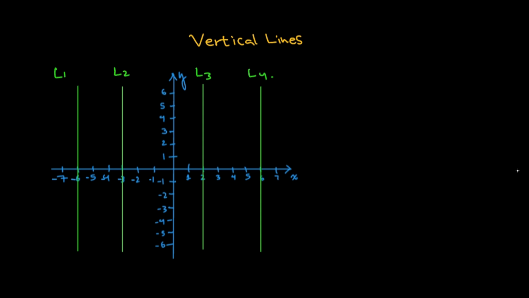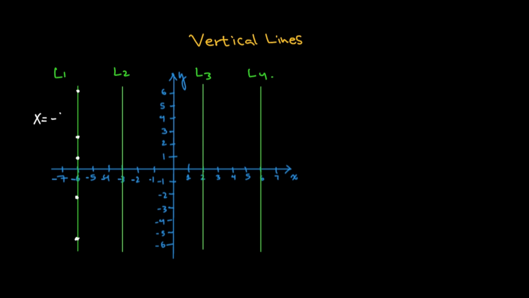Now, for the equation of vertical lines, understand that the x value on it always remains constant. For example, on the line L1, the coordinates are (-6, 1), (-6, 3), (-6, 6), (-6, -2), (-6, -5). So the x value on it always remains as -6.